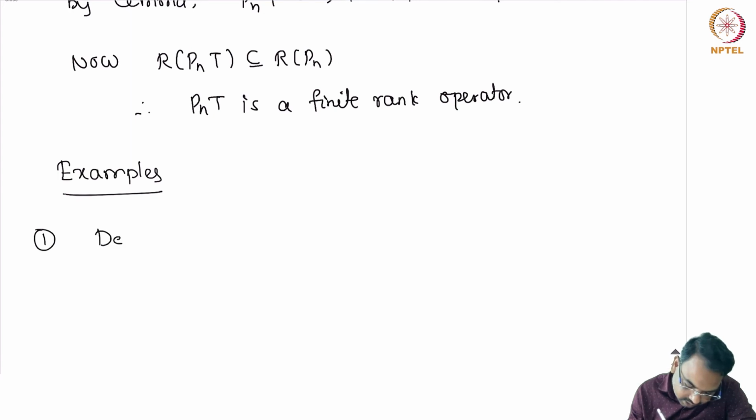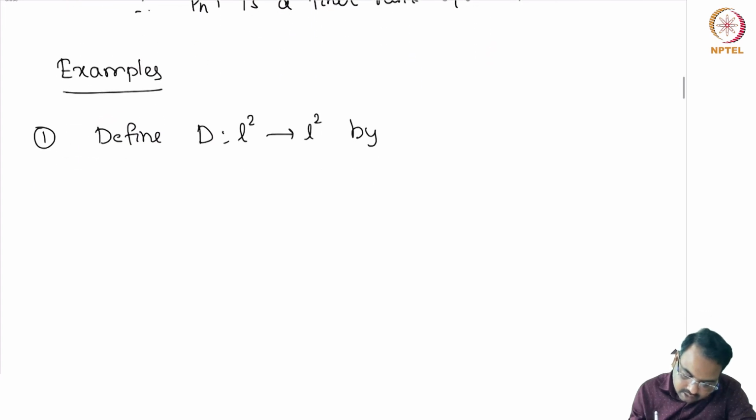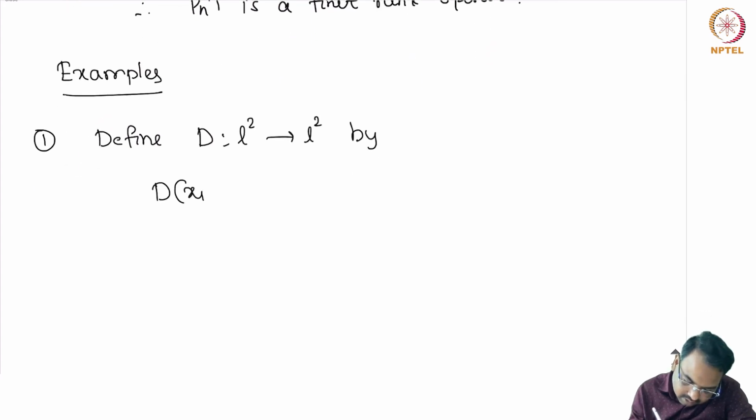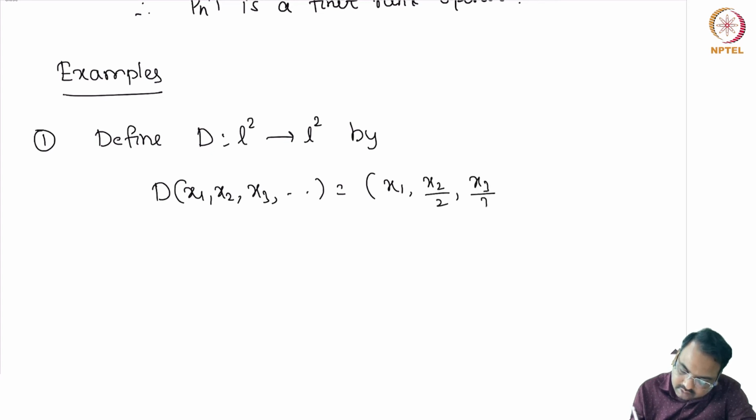So define D from l2 into l2 by D of (x1, x2, x3, and so on) as (x1, x2/2, x3/3, and so on) for every (xn) in l2.